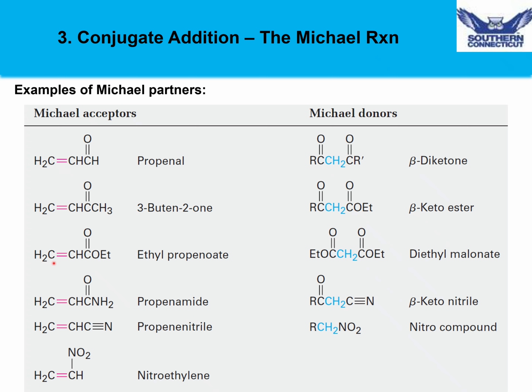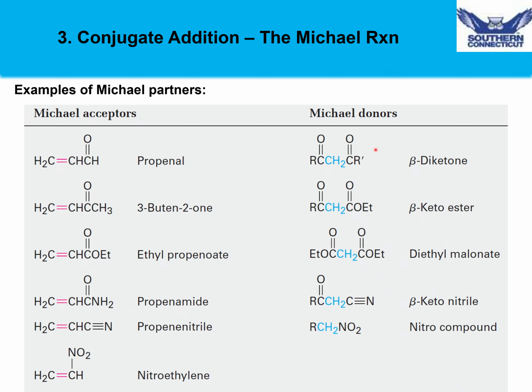In the third example, we have an alpha beta unsaturated ester. The fourth example is an alpha beta unsaturated amide. The fifth one here is an alpha beta unsaturated nitrile, and then lastly an alpha beta unsaturated nitro compound. For the Michael donor, the one that forms an enolate, usually we want to have a 1,3-dicarbonyl.